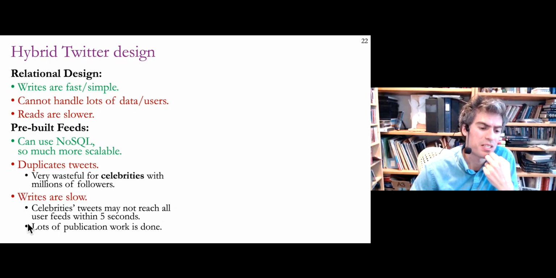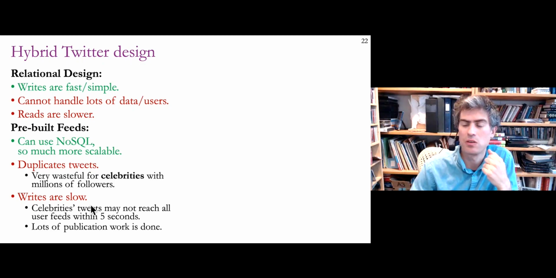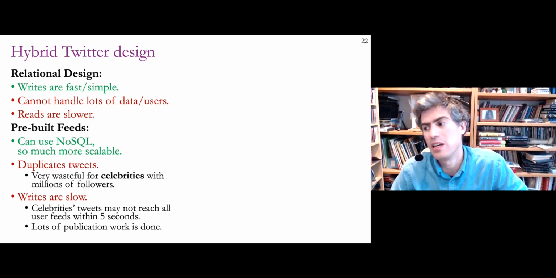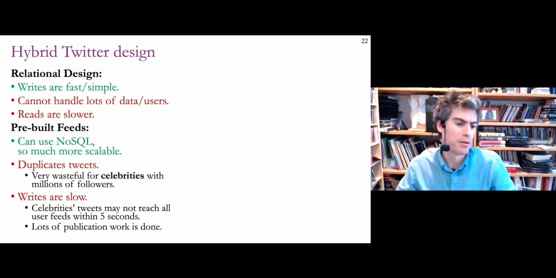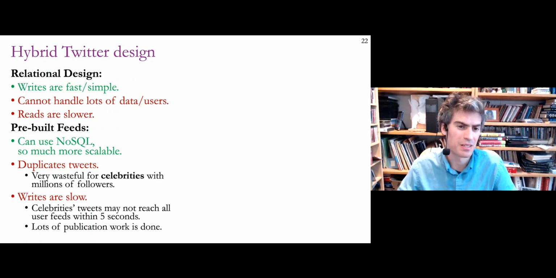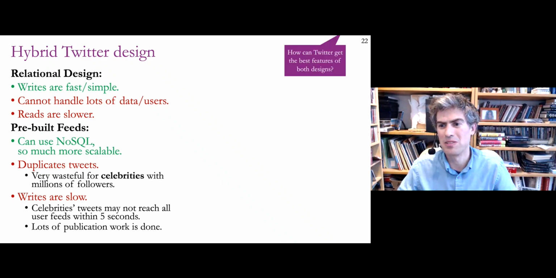And in some sense, this is bad because our most important users are having the worst experience, right? We don't want celebrities to have delayed postings compared to regular users. We want to keep those users happy. We want people to see what the celebrities are doing on Twitter anyway. That's the Twitter value proposition.